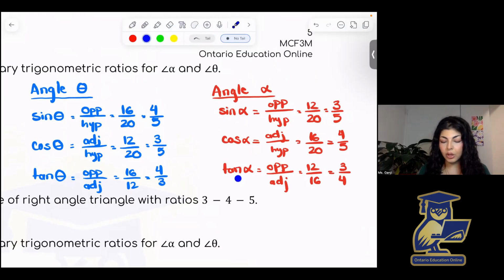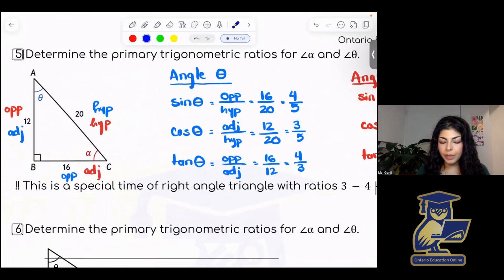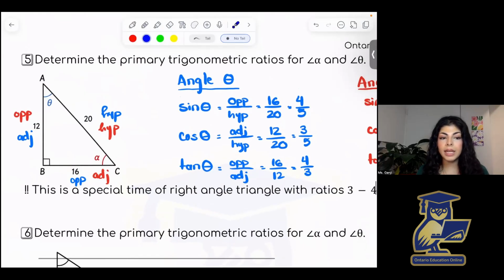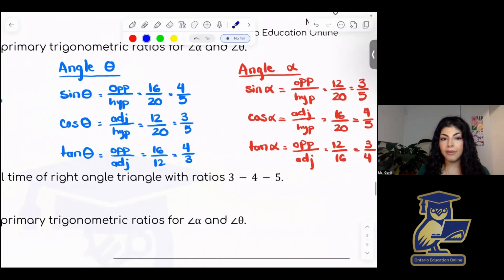And the tangents are the reciprocal of one another. When we look at the triangle, that makes sense because the opposite and adjacent sides alternate depending on which angle we're looking at, and the hypotenuse stays the same, which does result in this. This is also a good way you can always check your answers.